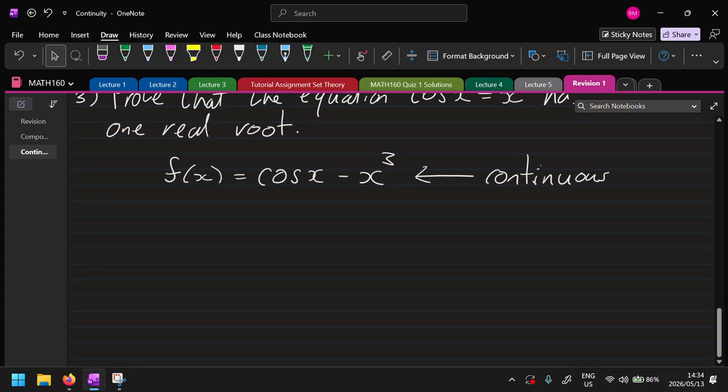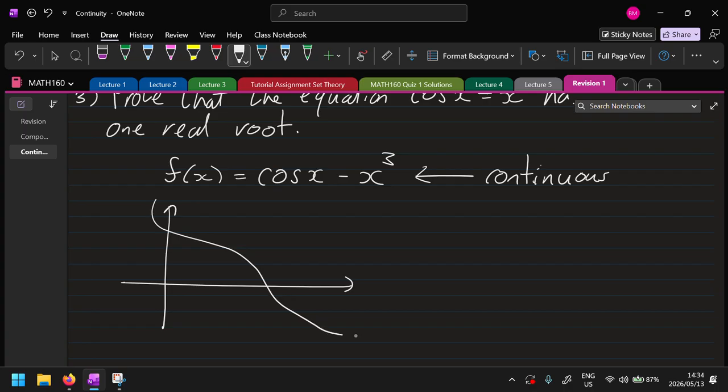Okay, so if we were to sketch something like this, we know that it's continuous, so we can draw it with one continuous line. We're going to have something like this. So what we want to show is that there's this point x where the function value is 0.